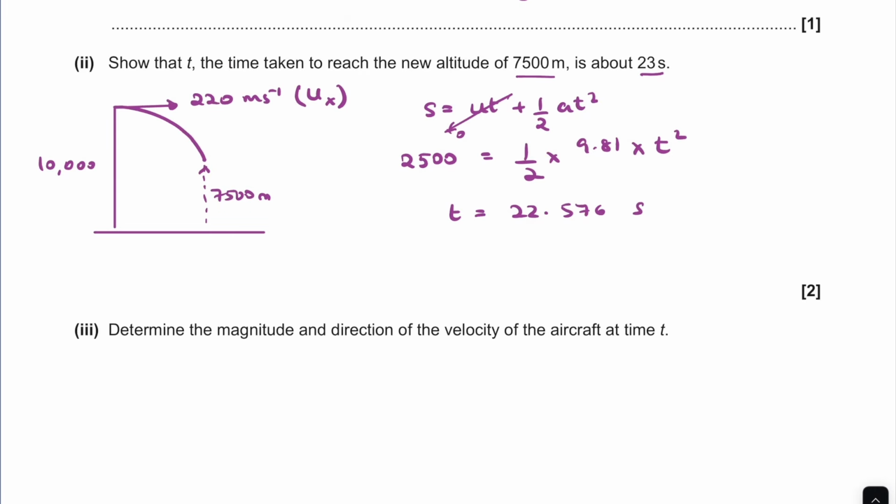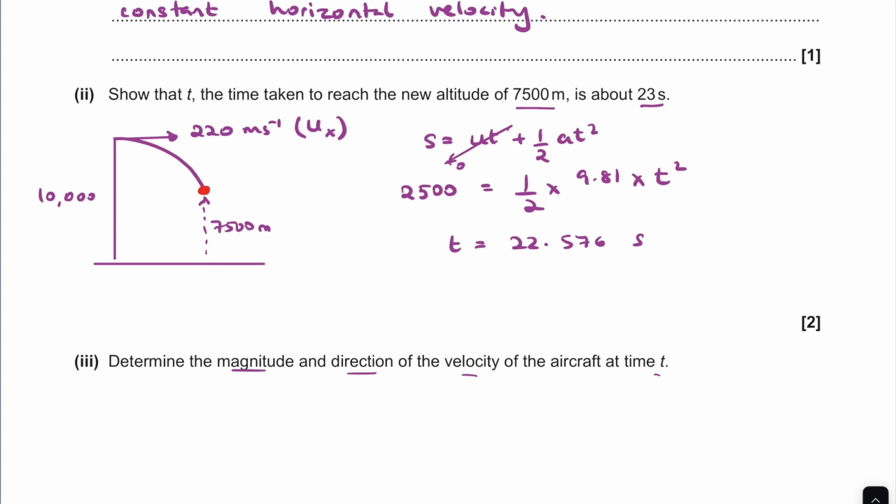But we need to determine the magnitude and direction of the velocity of the aircraft at time t. We would have to account for its horizontal velocity vx and vertical velocity vy. vx is unchanged. There's constant horizontal velocity, so vx is ux, which is 220 meters per second.